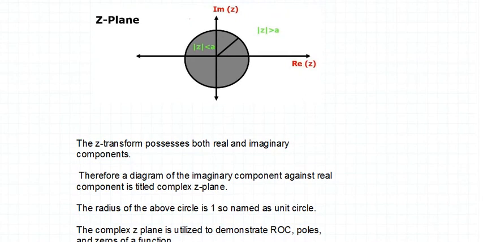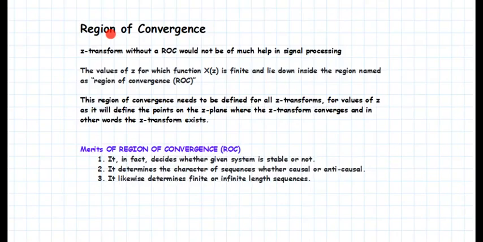We are going to plot these Z planes, and then you will understand how things are correlated with respect to Z plane and the stability and the causality of the system. So this is all about the introduction of Z plane, about Z transform, which leads to region of convergence.